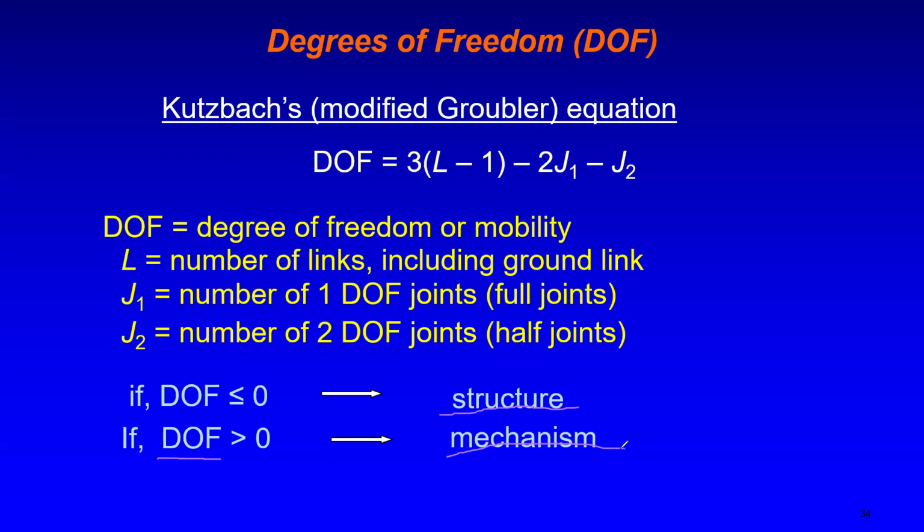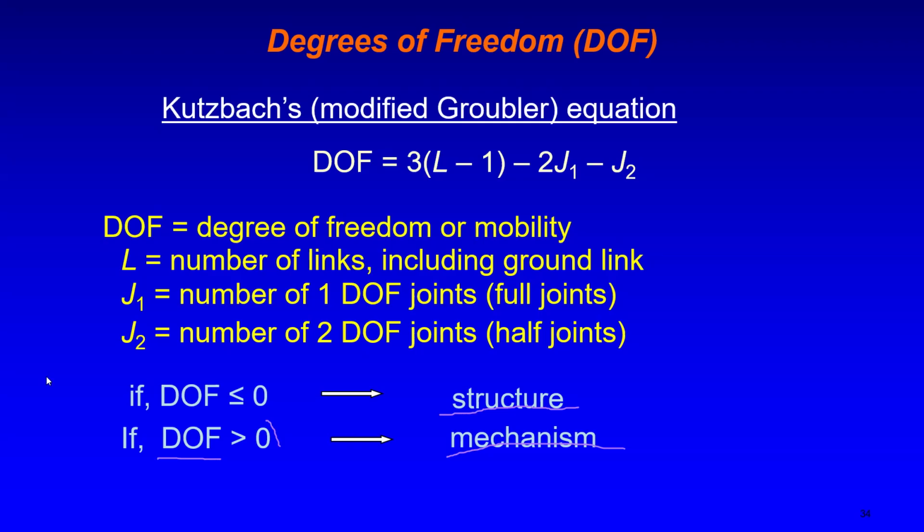If the degree of freedom is 1, that is a mechanism. If it is 2, that's a mechanism. But remember, J1 is the number of 1 degree of freedom joints, and J2 is the number of 2 degree of freedom joints. Please make sure you note that.